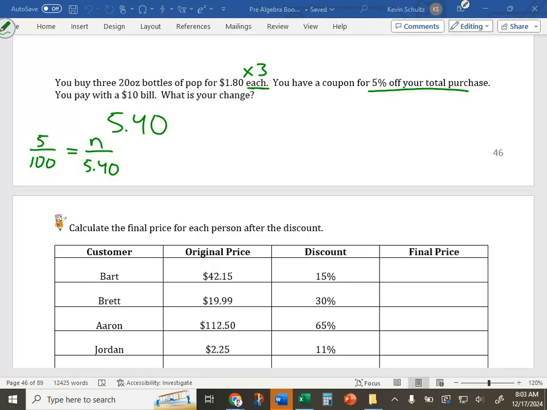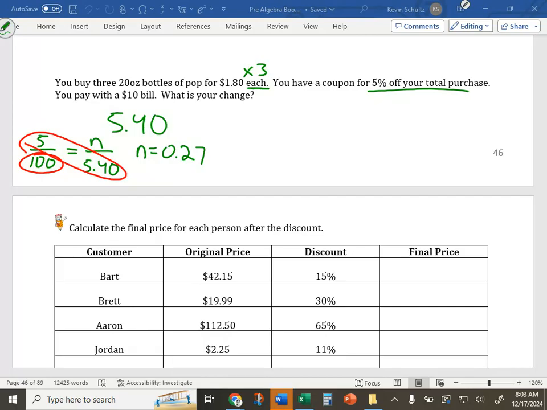Cross products is going to be the method to use here. And someone with the quick maths, what do we end up decreasing? 0.27, good. So the discount is 0.27, or 27 cents, okay?